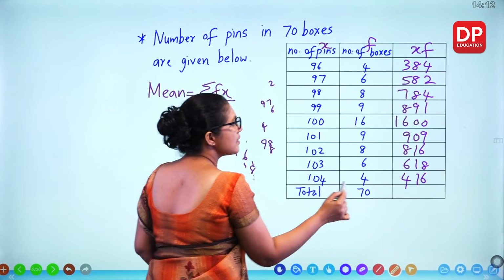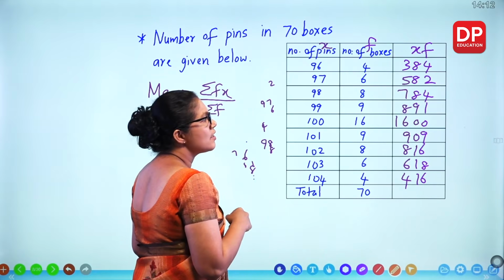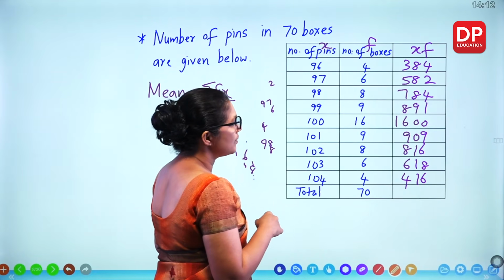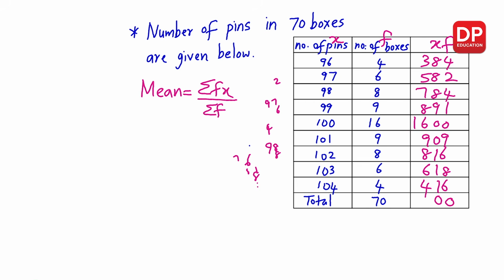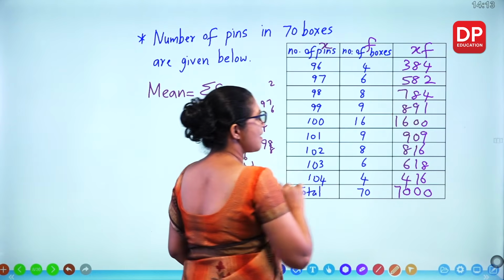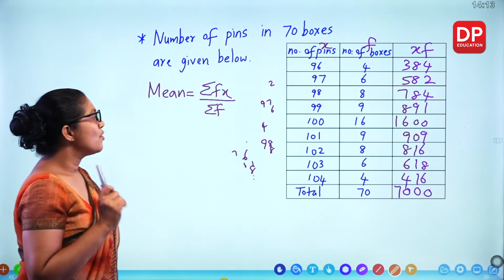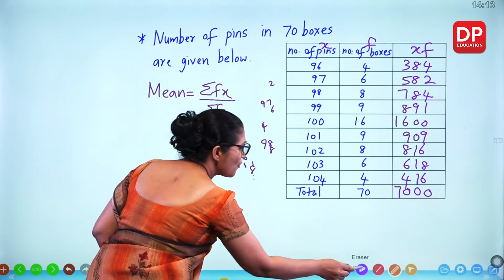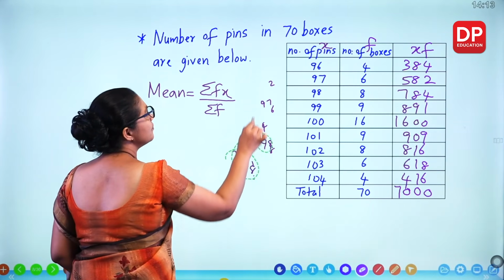And now calculate the total. What's the total? You get 7,000. So how can we find the average value?